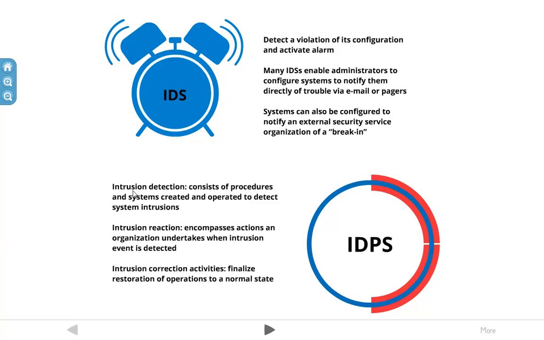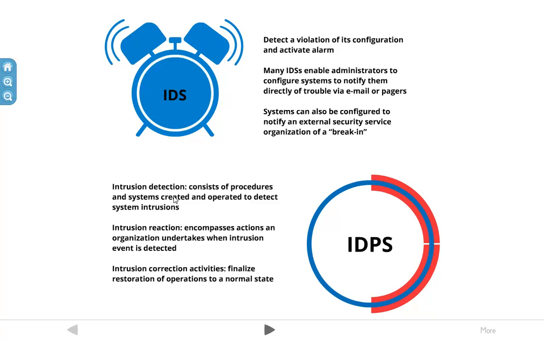Okay, so intrusion detection would consist of procedures and systems created and operated to detect system intrusions. Well, that's fairly reasonable, but really the key word here is they have to be configured to do that. On the host itself, right, you might configure just shell scripts.